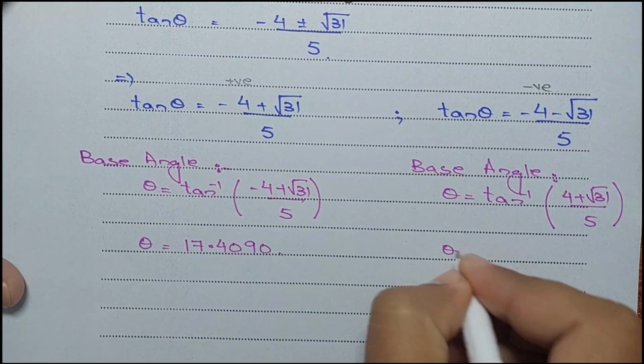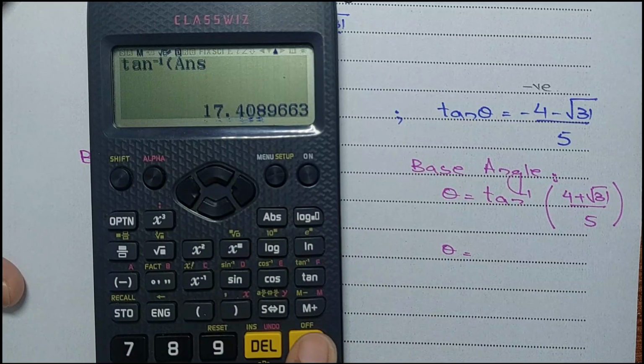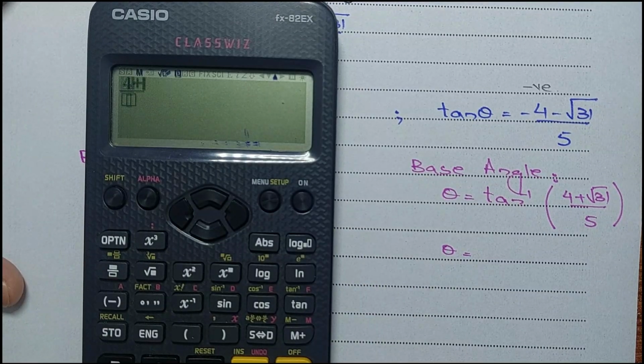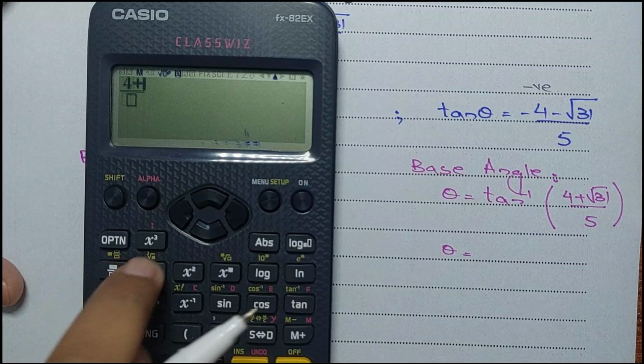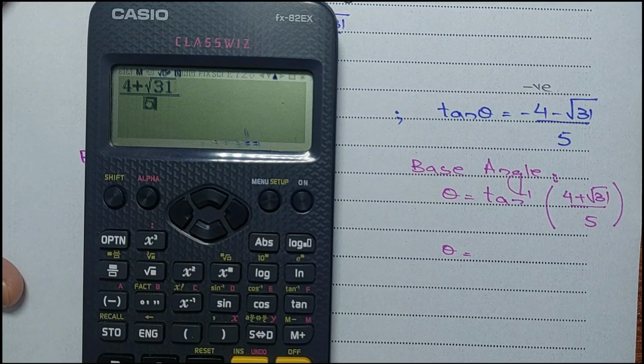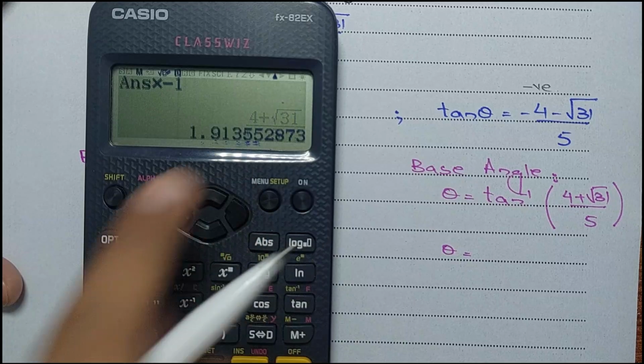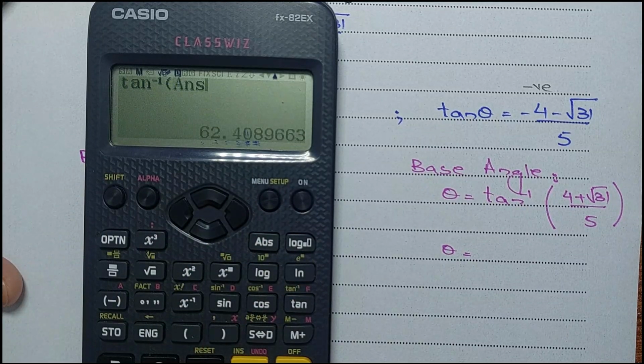Okay. So what is the theta value over here? 4 plus root 31, sorry, 4 plus root 31 divided by 5. Okay, if you do minus 4 minus root 31 divided by 5 times minus 1, make it positive, find out tangent inverse.